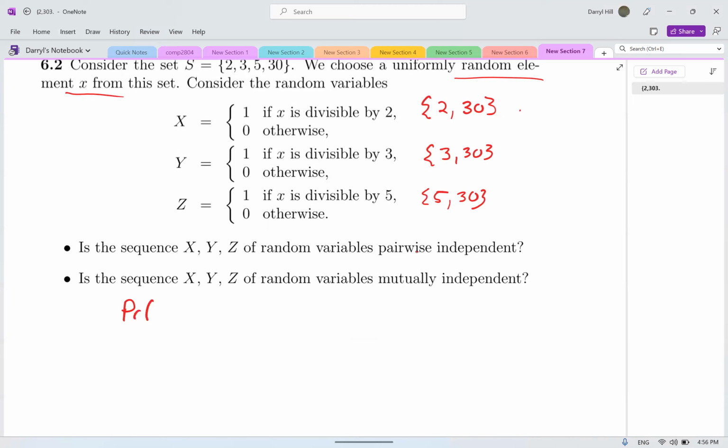So I want the probability that X is equal to 1 and Y is equal to 1, and I want to prove or disprove that it's equal to this.